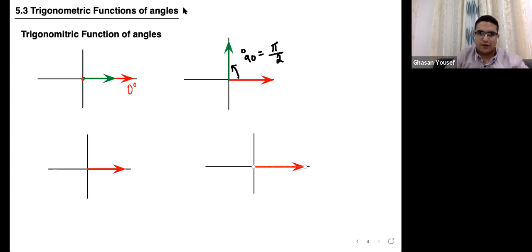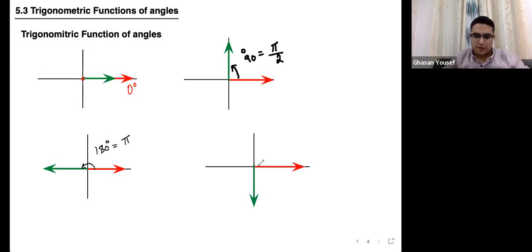Now for the third one, if the angle is 180, this is the angle 180. This is the angle 270. So this one is 180 degrees, and if you want to convert 180 degrees to radians, it is equal to pi.